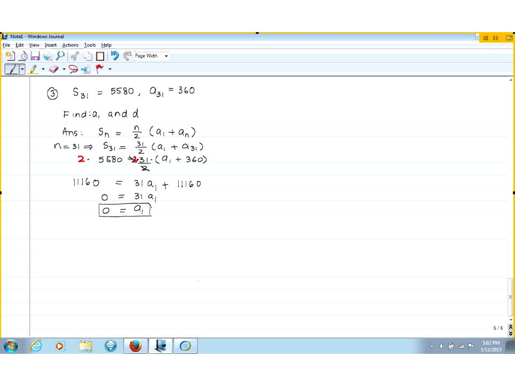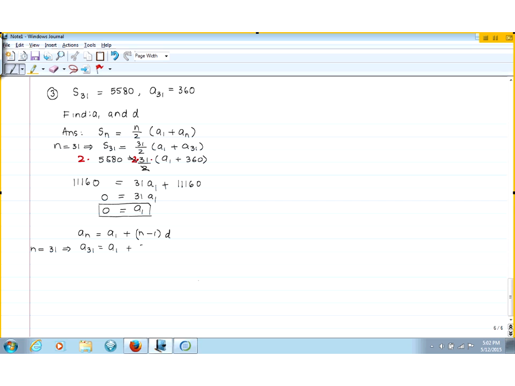Okay. So how do we find d, the common difference? Well, then we will just use the formula for an. So we found A1. So an is equal to A1 plus (n minus 1)d. So we're talking about n equals 31.